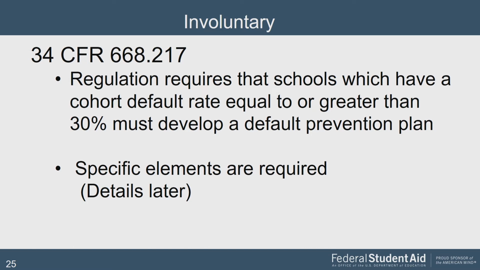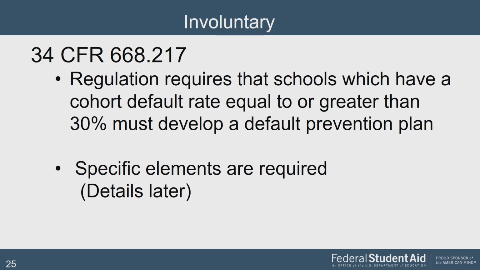And those plans are required for schools whose cohort default rate exceeds 30%. So if you're one of those unfortunate ones in the audience where your rate's greater than 30%, you're required to create a cohort default rate plan. Who should create a plan that's compliant with 668.217?